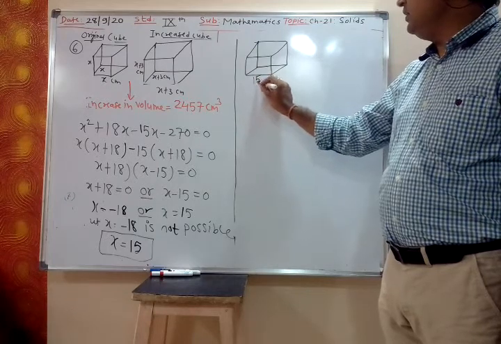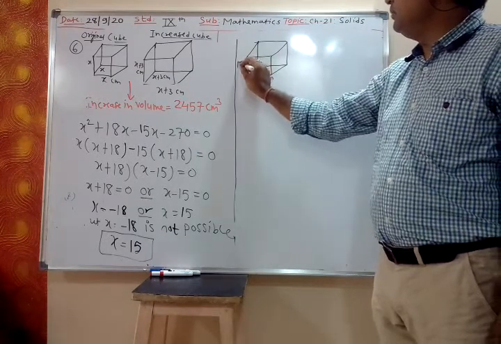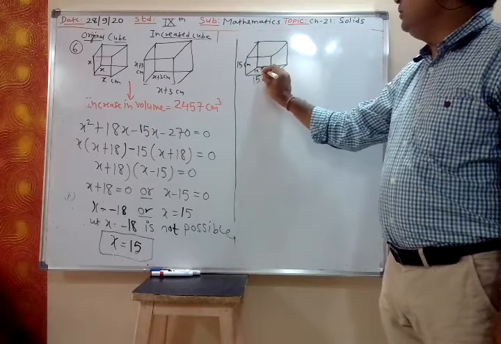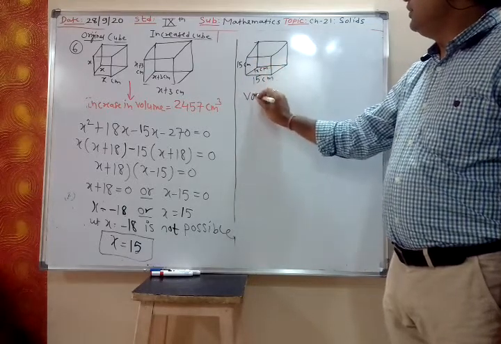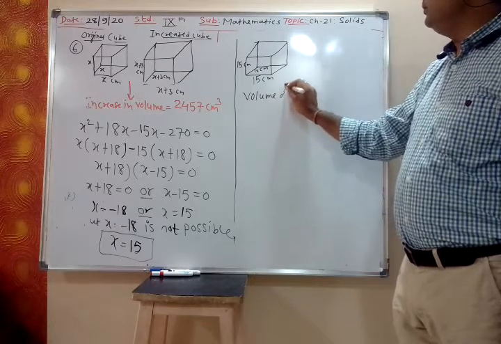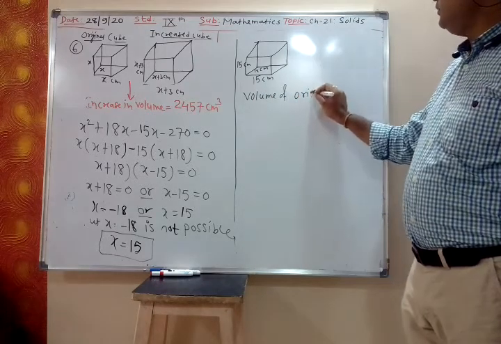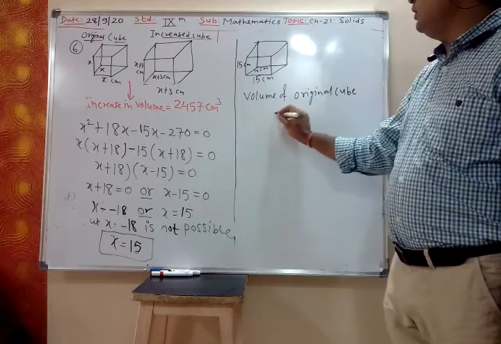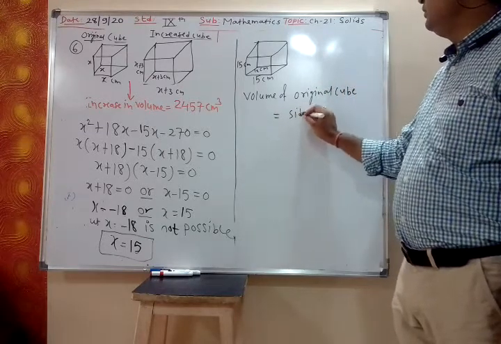My 15 centimeter, 15 centimeter, 15 centimeter is my original cube. So now we find volume of this original cube. What is the formula for volume of cube? That is side cube.